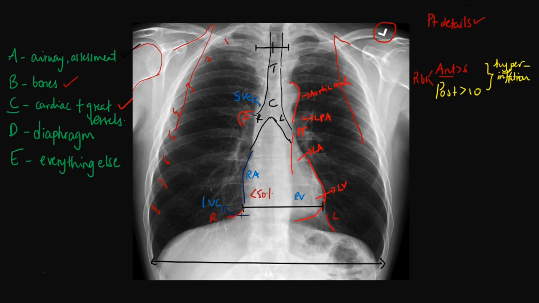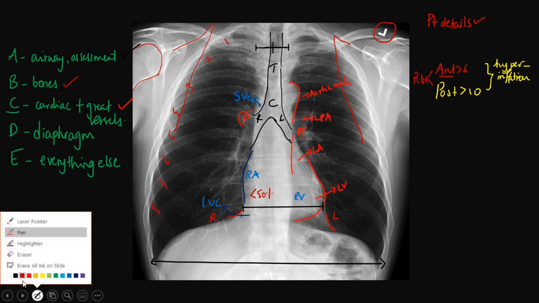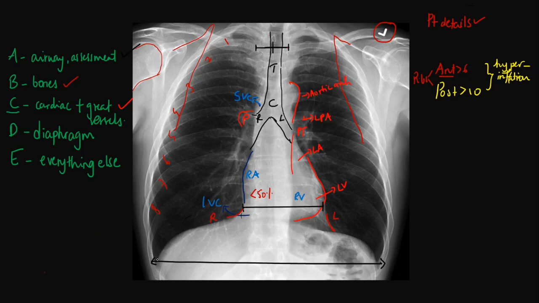Moving on to the diaphragm. This is the outline of the diaphragm. Let me just use another color here. That's the one on the left. In normal individuals, the right hemidiaphragm is elevated compared to the left because of the liver over here.